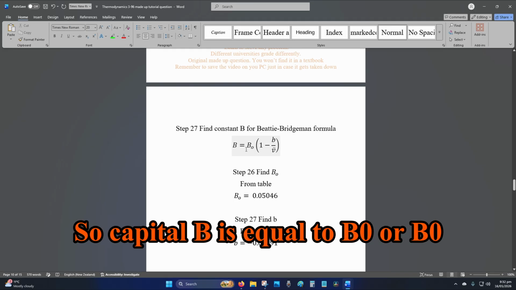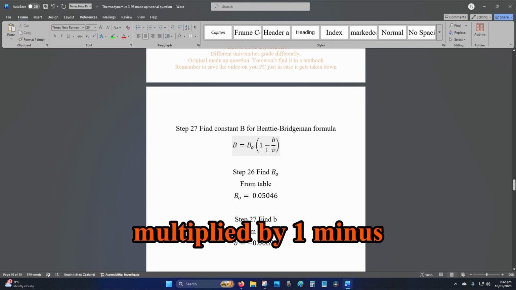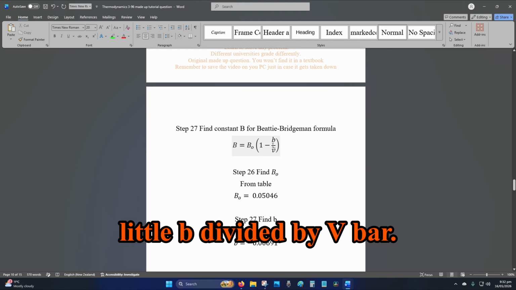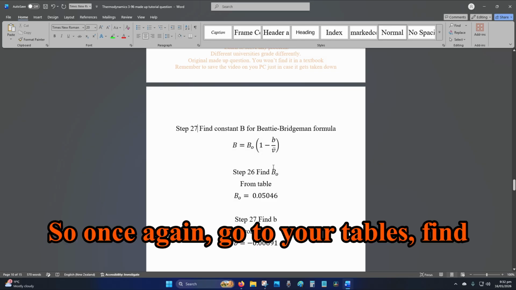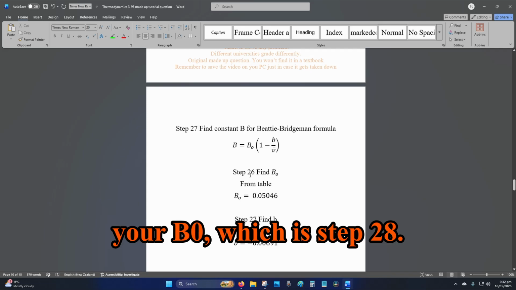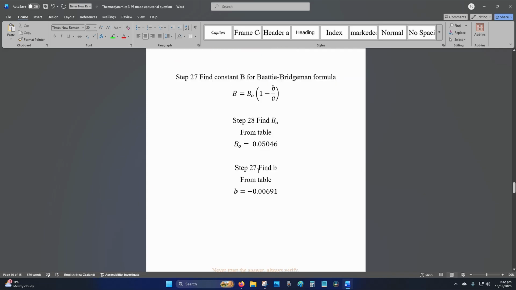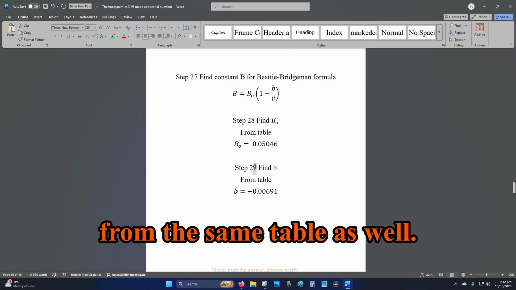So capital B is equal to B naught, or B0, multiplied by 1 minus little b divided by V bar. So once again, go to your tables, find your B naught, which is step 28, and find your little b from the same table as well.